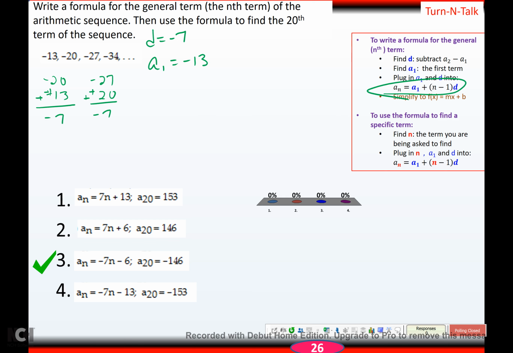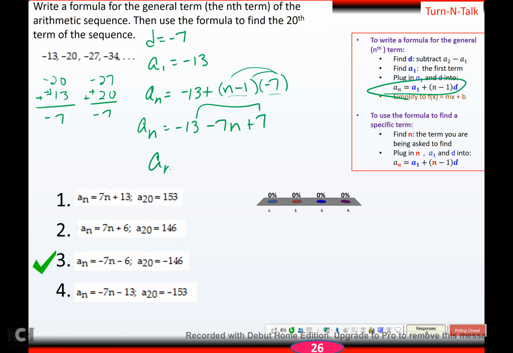Plug them in my formula. I get a sub n equals a sub 1, which is negative 13, plus n minus 1 times negative 7. So if I simplify that, and again, you could find the 20th term right now and take the beginning and add 19 common differences. But they want me to simplify this, make it a prettier equation, so I have negative 13 minus 7n plus 7.